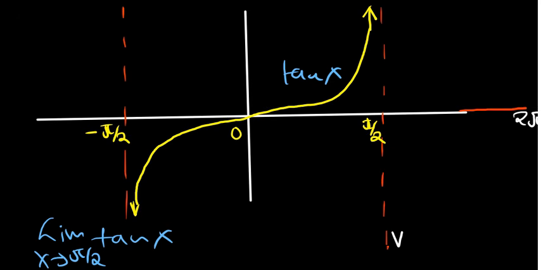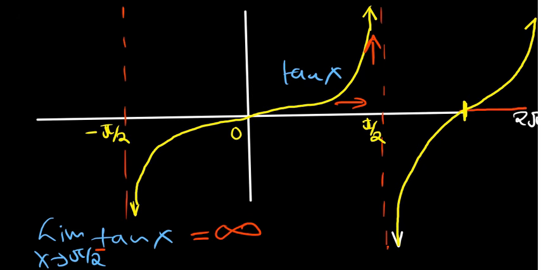You know that as you approach tan of pi over 2 from this side, the value is going up. From the negative side, we are going up and up, so we're approaching infinity. Now from the other side, if you sketch the other part, the limit is also different.